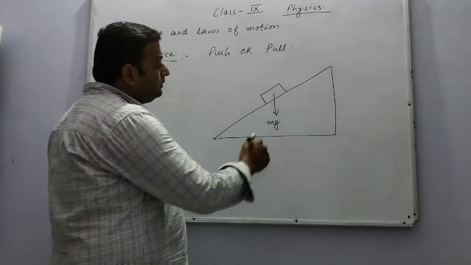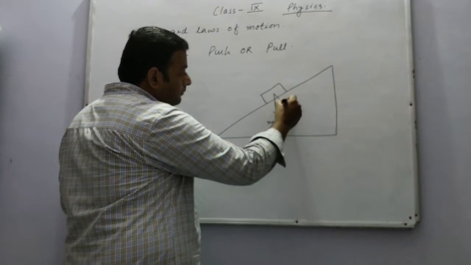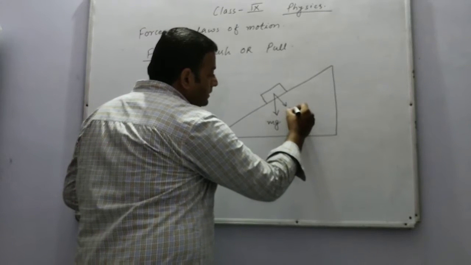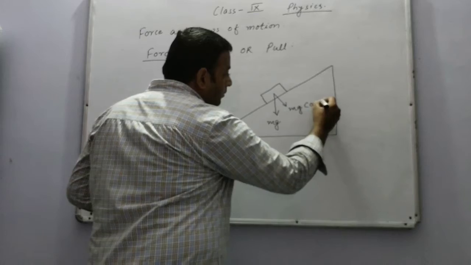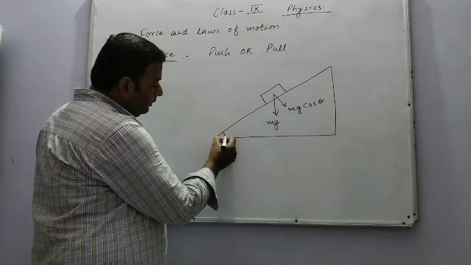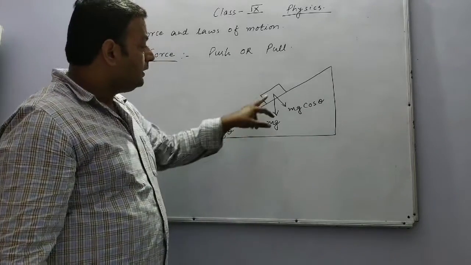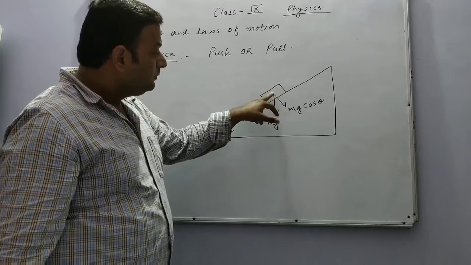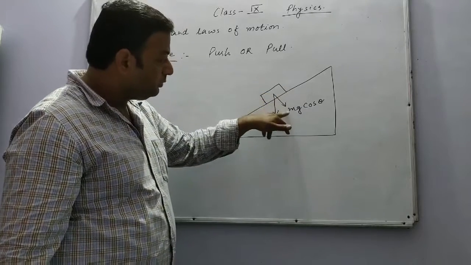The second force is mg cos theta, if we take the angle of inclination to be theta degrees. This force acts perpendicular to the incline in the downward direction.